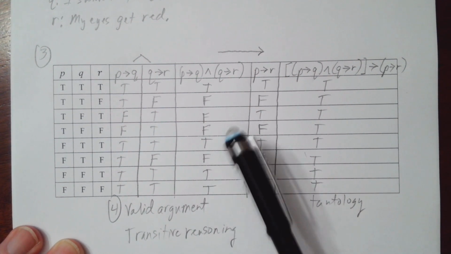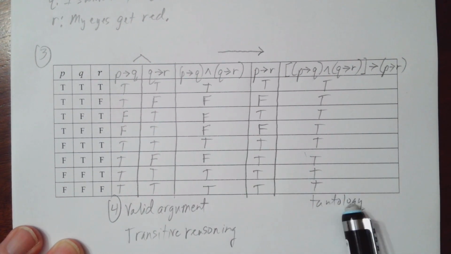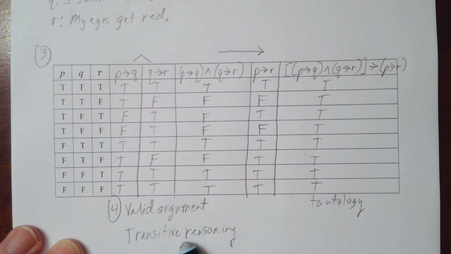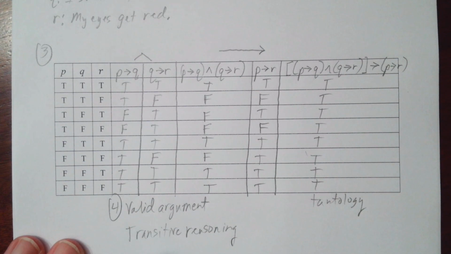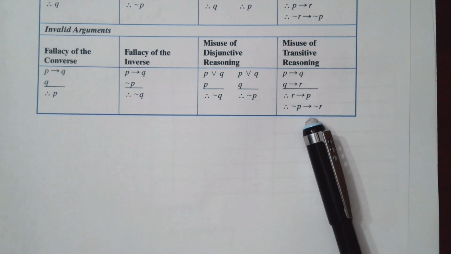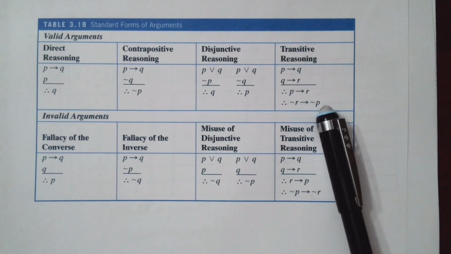So using a truth table, we could prove that it's a valid argument because we had a tautology here. But if you had the option and it said you can use a standard form of argument, then you wouldn't have to do this. If you recognize that this is transitive reasoning, it was this case right here. Or wait, I'm sorry, this one here.